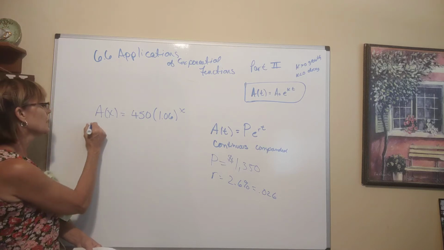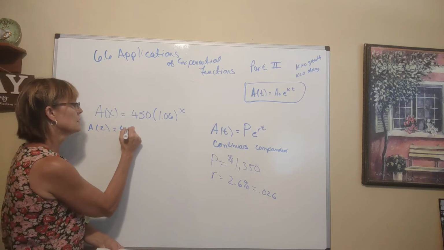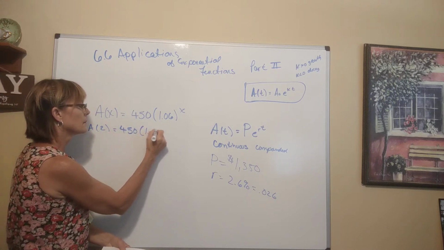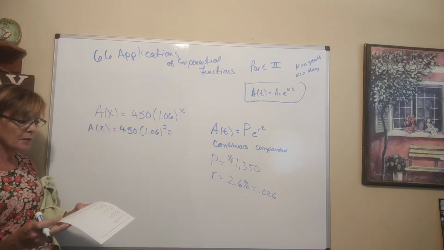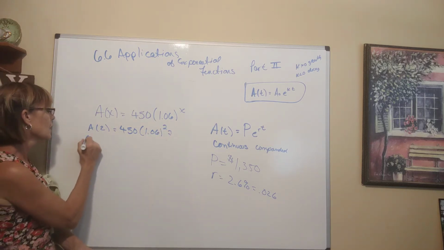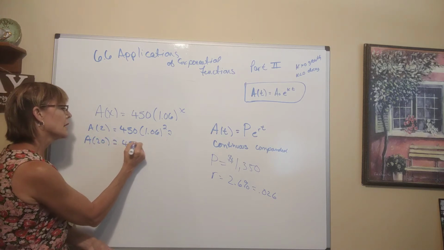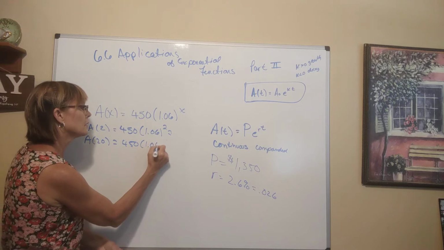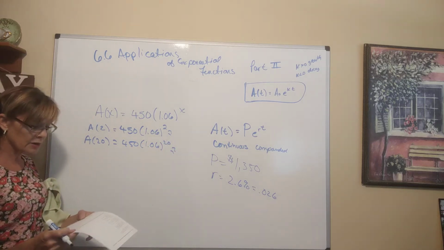To figure that out, you would just simply substitute in 2 for X. And so we'll put that in our calculator. And then B, how much is in the account after 20 years? Well, you would just simply put in 20 for X and put that in your calculator. So that's how we're going to do those.